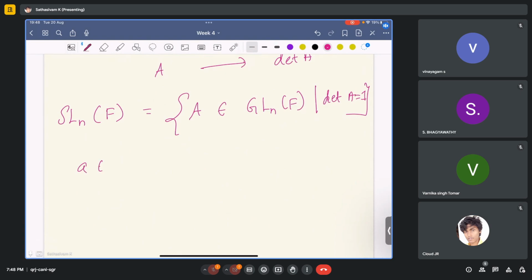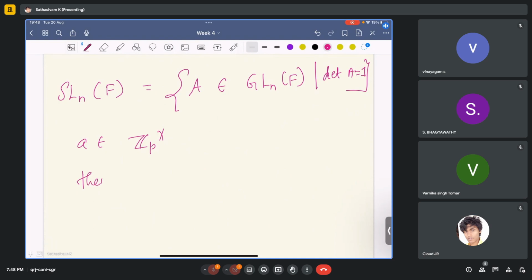Let a belong to Z_p star. Then consider this matrix. The first coordinate you put a, and the rest of the diagonal you put 1, and the rest everything you put 0.